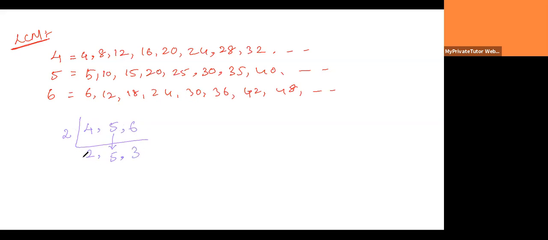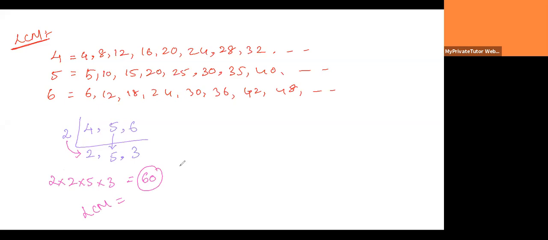Then again check whether we have any common factors between any two of the numbers. We don't have. So you include these and multiply: 2 times 2 times 5 times 3. What is the answer? 60, isn't it? So the least common multiple, LCM, is 60.